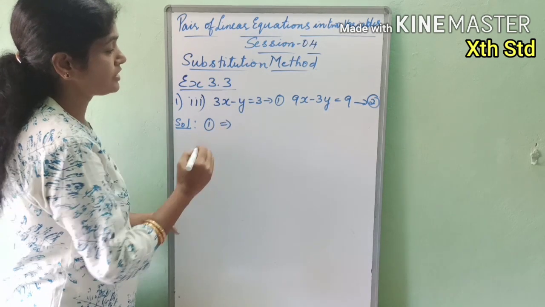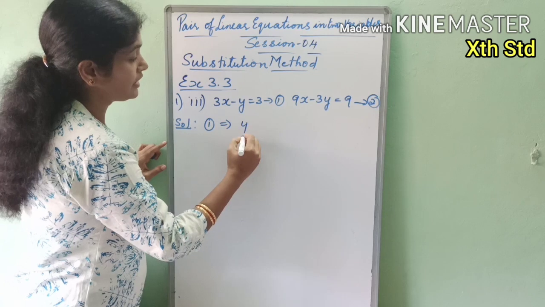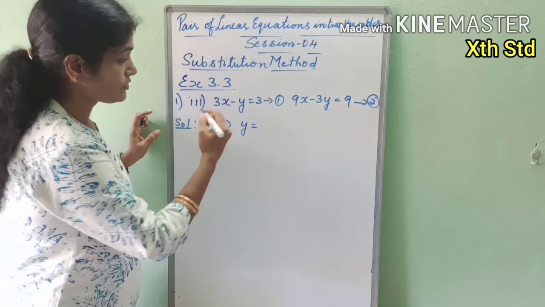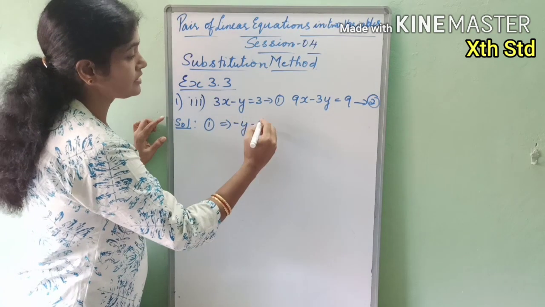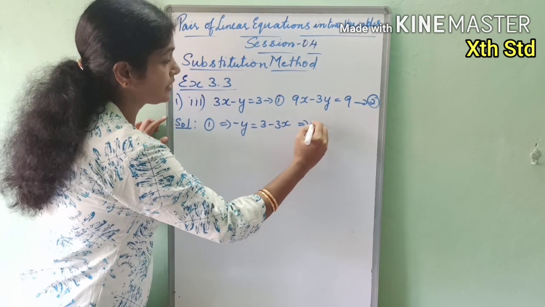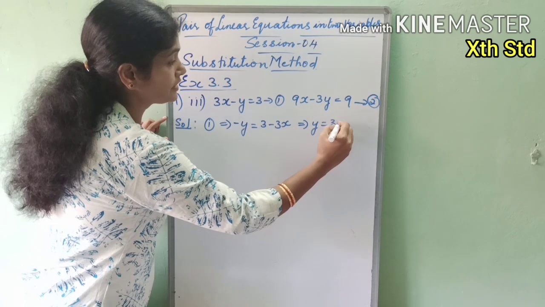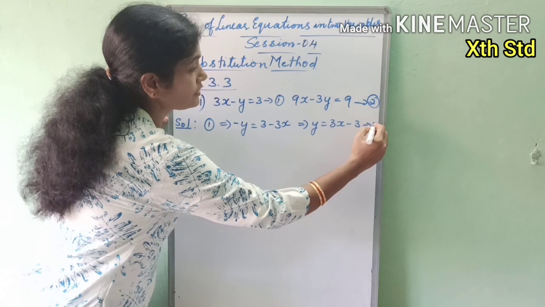If you take the first equation and write y in terms of x, minus y is equal to 3 minus 3x, which implies y is equal to 3x minus 3, right? So this is your equation 3.